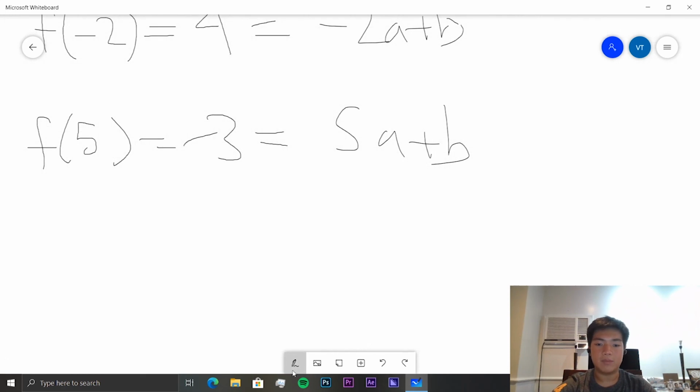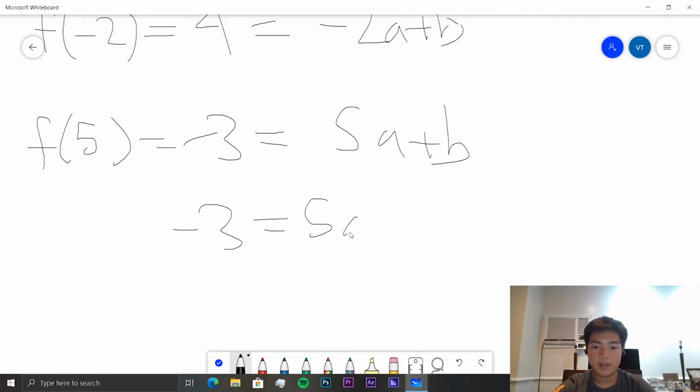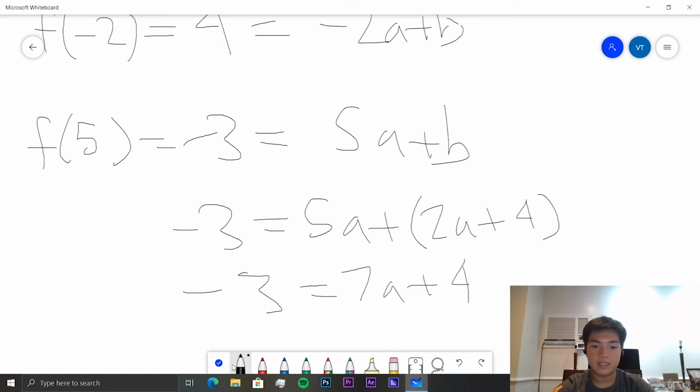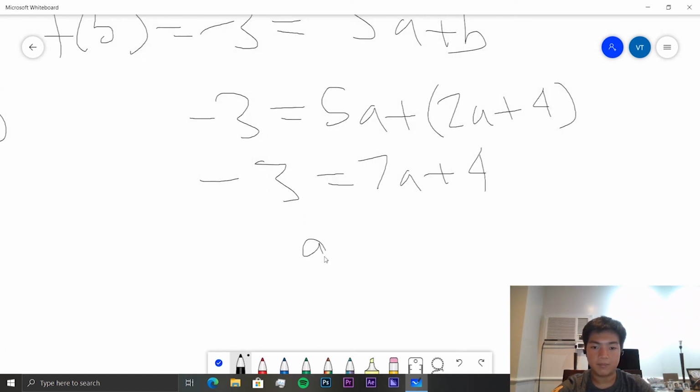So we know that b equals 2a plus 4, so we can say negative 3 is equal to 5a plus brackets 2a plus 4. And so we have negative 3 is equal to 7a plus 4, so a equals negative 1. And then what's b?